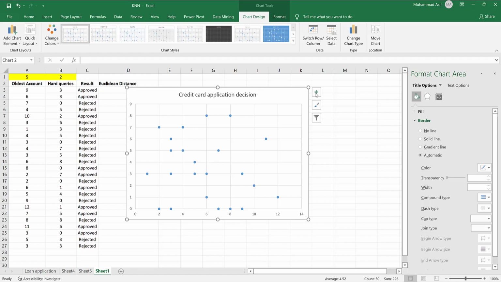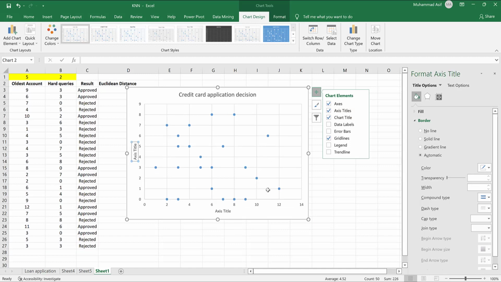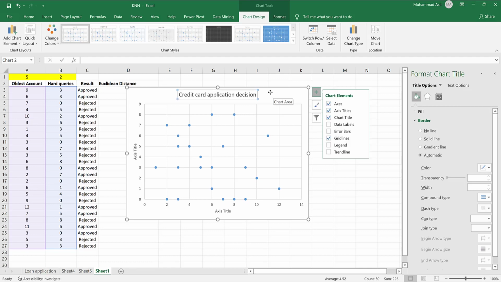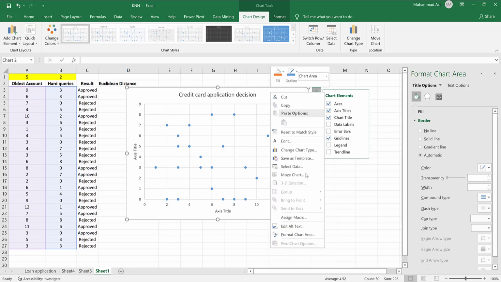and then I will click on this plus button and access titles. Now, in order to see which axis is oldest account and which axis is hard queries, I will right click and go to select data.